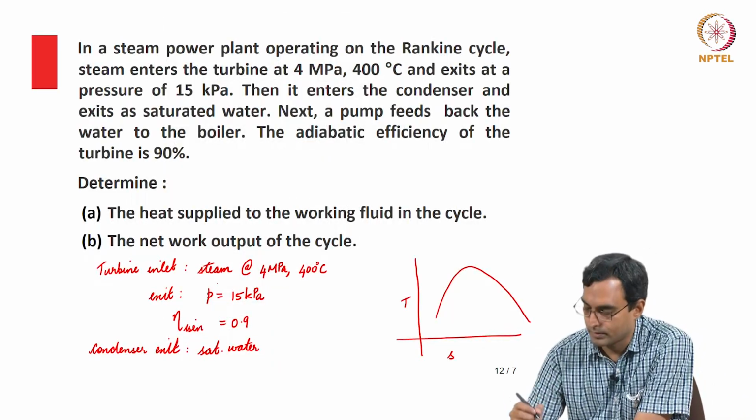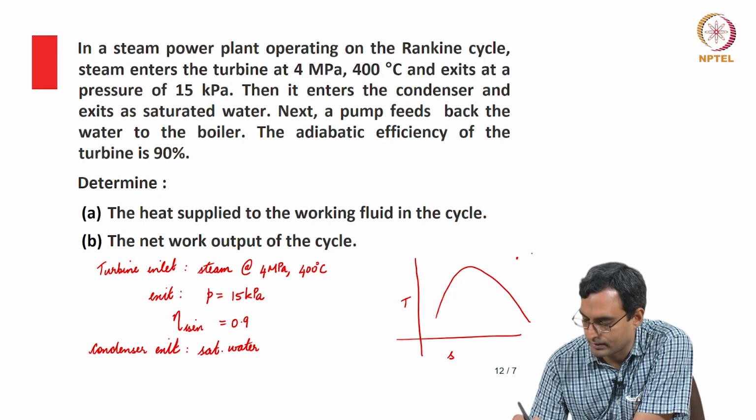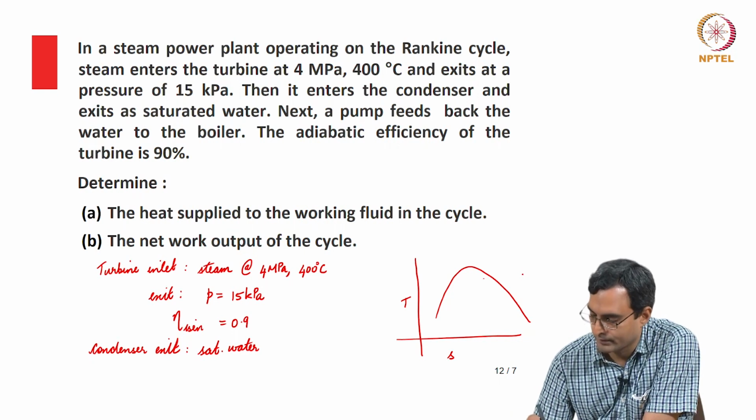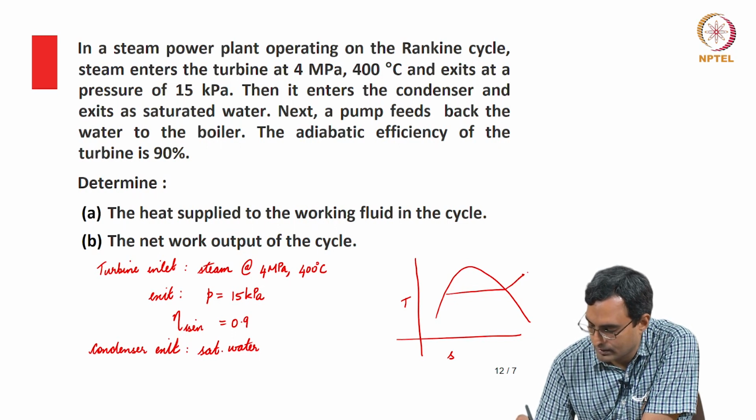So, what I know is my initial point is somewhere here. Let us say somewhere here. So, if I was to draw this process, I would have something like this.